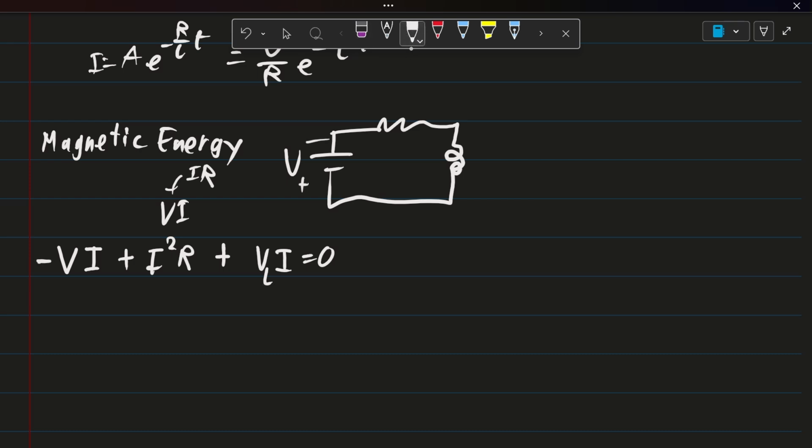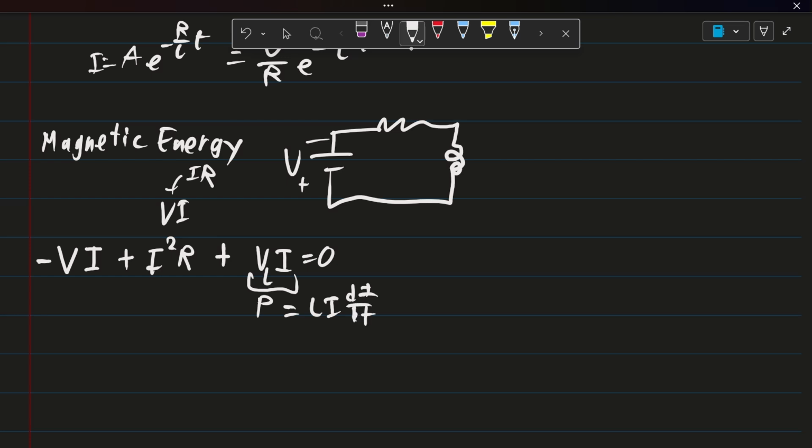So this V L in here pretty much denotes the power that is being done or absorbed by the inductor. And this can be written further into L i di over dt. This is the power.